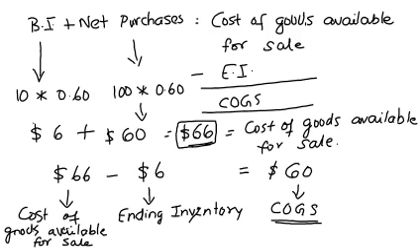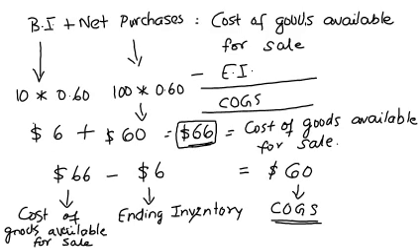So in other words, if we know that there was $66 worth of goods in the store, and all we are left with at the end of the year is $6 worth of ending inventory, then we can infer that 66 minus 6, $60 of cookies got sold during the year.